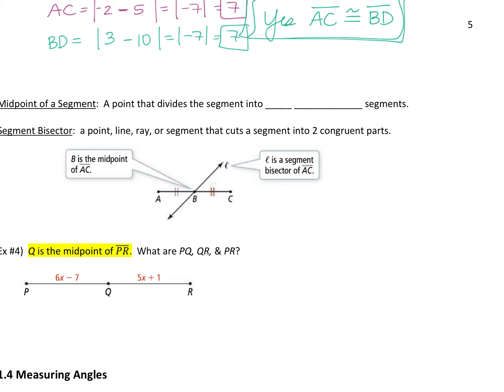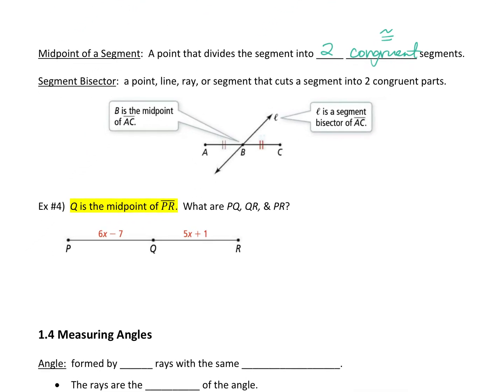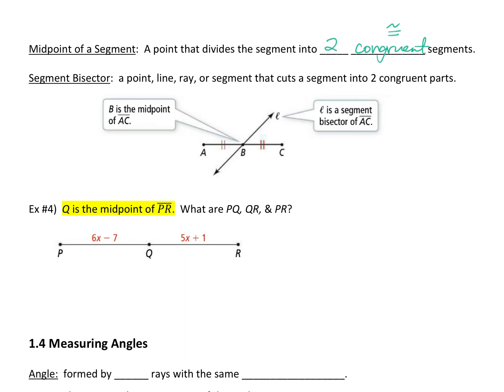So the midpoint of a segment is just a point that divides a segment into two congruent, or if you don't want to write the word, you could write the symbol. I will use that symbol a lot for the word congruent, just FYI, okay? So it's going to divide a segment into two congruent segments, which gives us what's called a segment bisector. Now, when something is a bisector, it's cutting it into two equal parts. So midpoints and bisectors are very similar, okay?